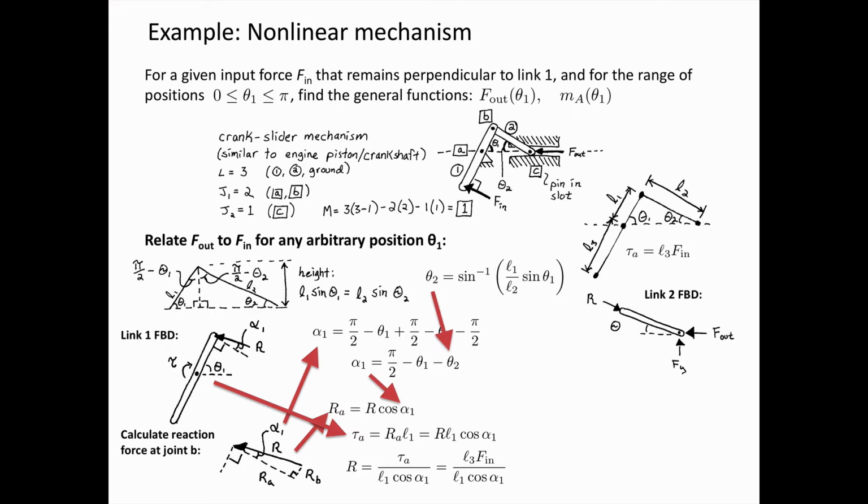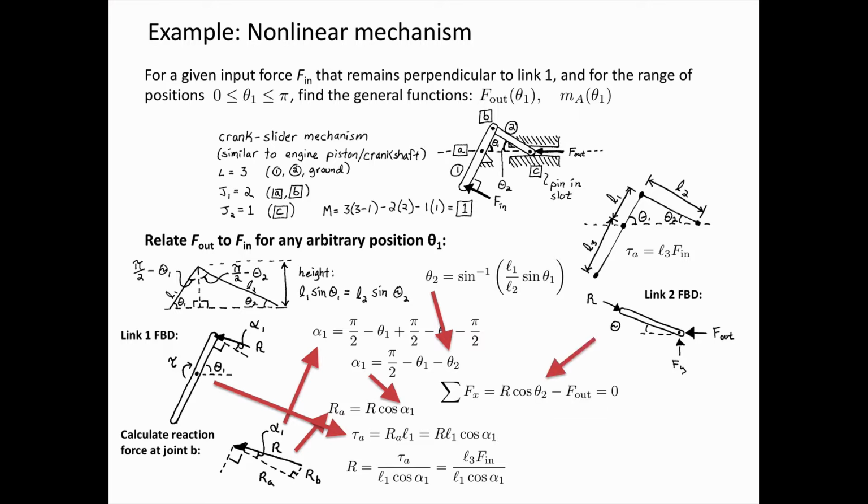All right, now let's move to a free body diagram for link number 2. We have 3 different forces acting on it. At the pin and slot joint, we have the output force, and we can have a vertical reaction force acting on it.